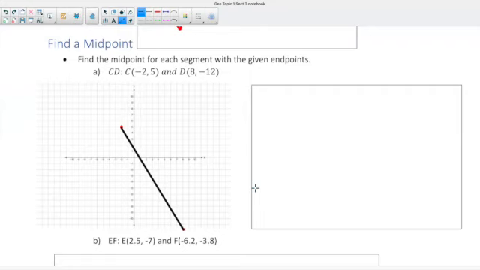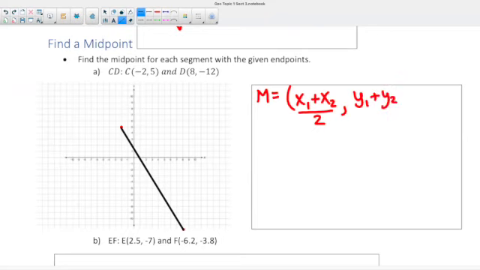Where is the midpoint? So we will use our formula that you just learned, the midpoint. And we'll just rewrite it again. It's going to be x1 plus x2 divided by 2, comma, y1 plus y2 divided by 2.